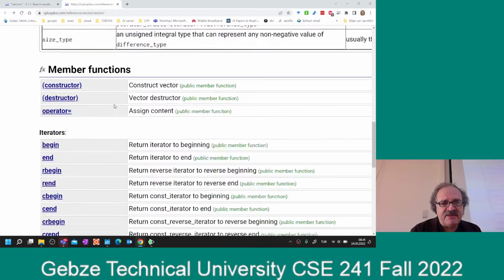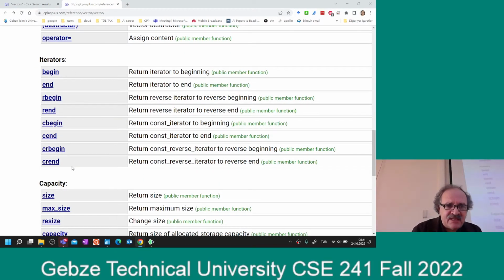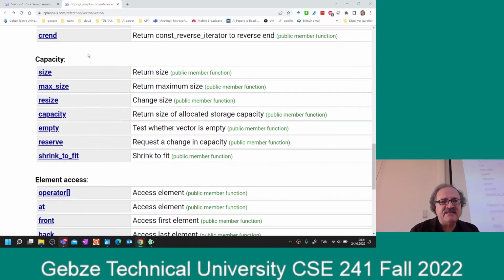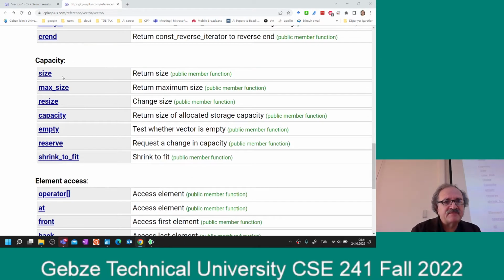Let's look at some other maybe interesting functions. Again, we are going to talk about iterators later. We look at the size. Size just returns you the number of elements in it. That's it. Now the capacity. It returns the size of the allocated storage capacity.